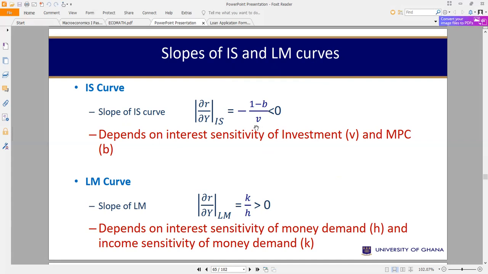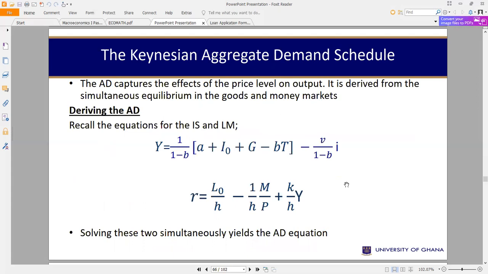Then you think about it, is it affecting it in a positive way or in a negative way? Just by looking at this, you should be able to know that, so that you don't have to memorize all these things. And then the slope of the LM curve depends on the interest sensitivity of money demand and the income sensitivity of money demand. So you know this one as well.